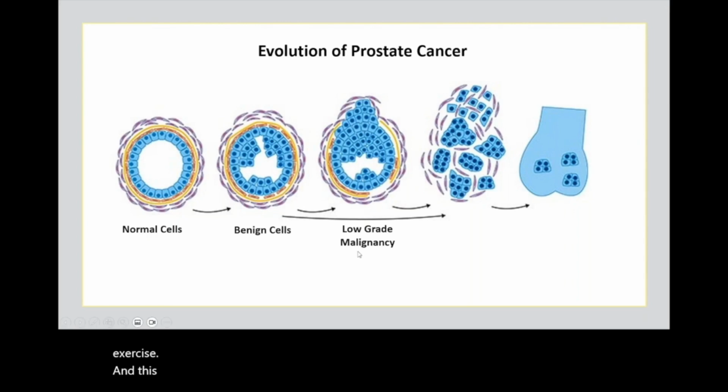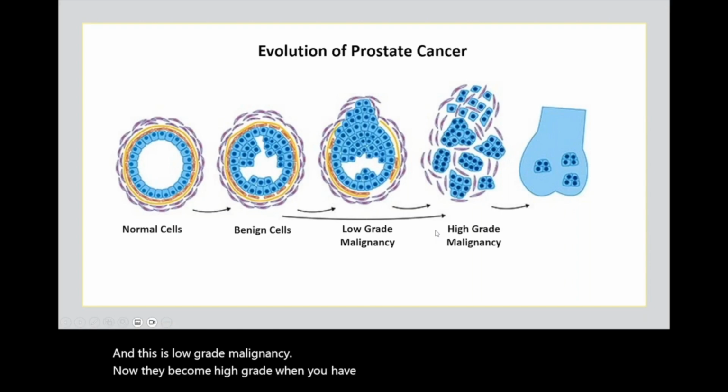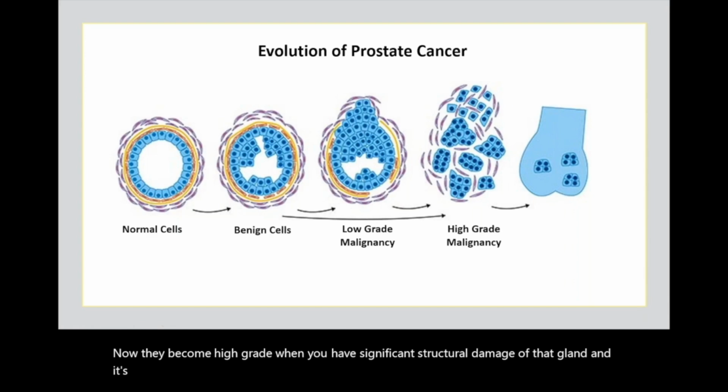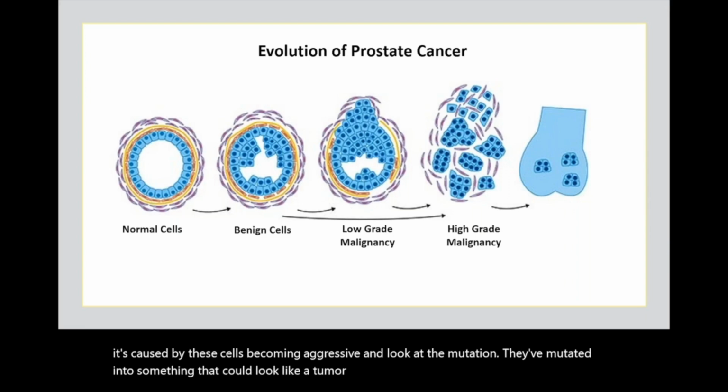And this is low-grade malignancy. Now, they become high grade when you have significant structural damage of that gland, caused by these cells becoming aggressive. And look at the mutation. They've mutated into something that could look like a tumor, right?